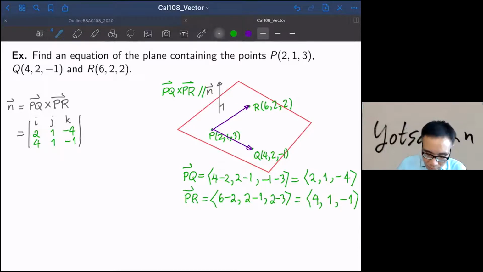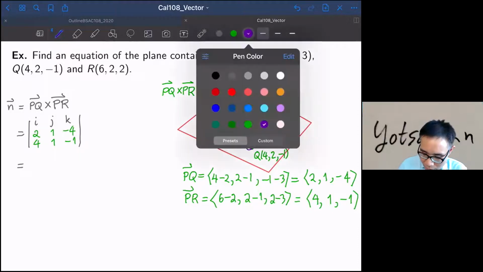I would warn you that PQ cross PR turns out to be the vector that is perpendicular to PQ and PR, okay? So we need the normal vector. And one thing that you also need in order to find the equation of the plane is 1 point.